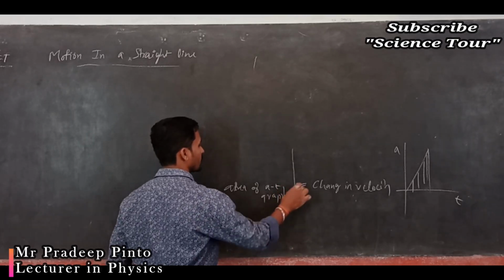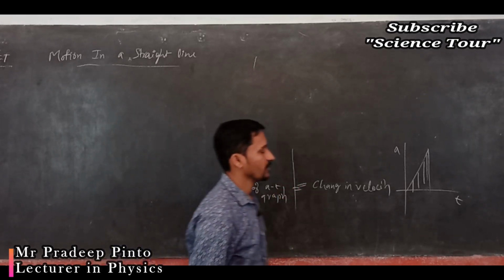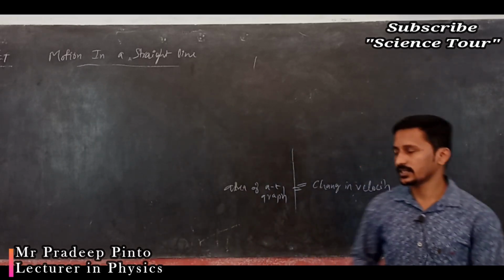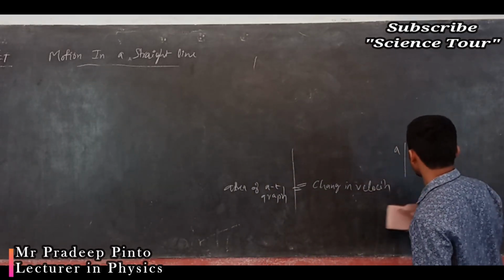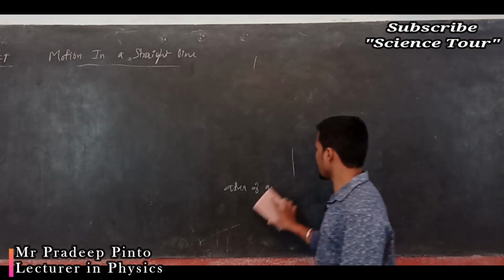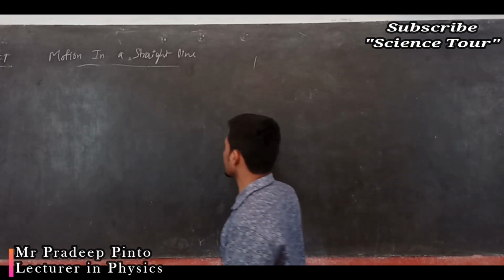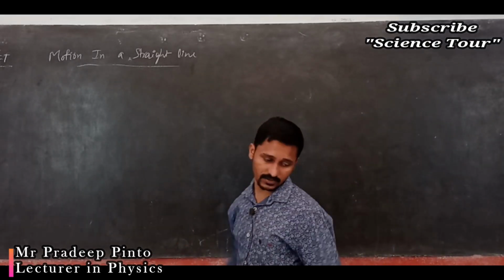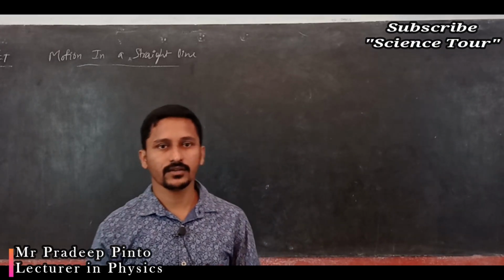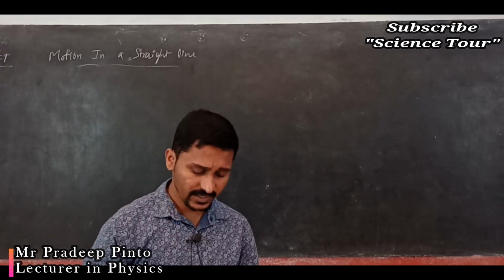That is the way. Okay, that is the thing. That is the change in velocity. So the area of the acceleration-time graph gives you the change in velocity. This is what we discussed later.